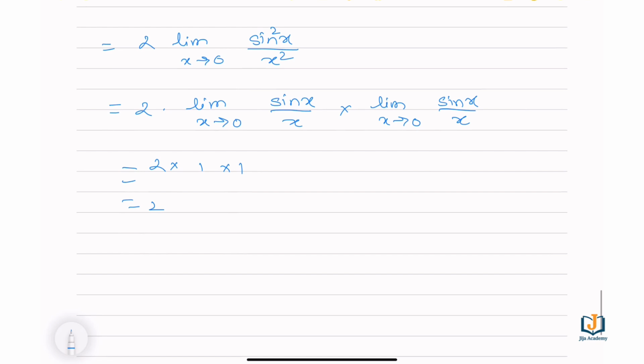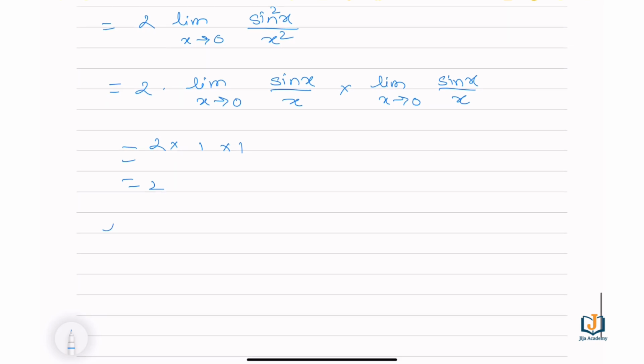So we get here limit 1 minus cos 2x upon x square is equal to 2. So answer is 2.